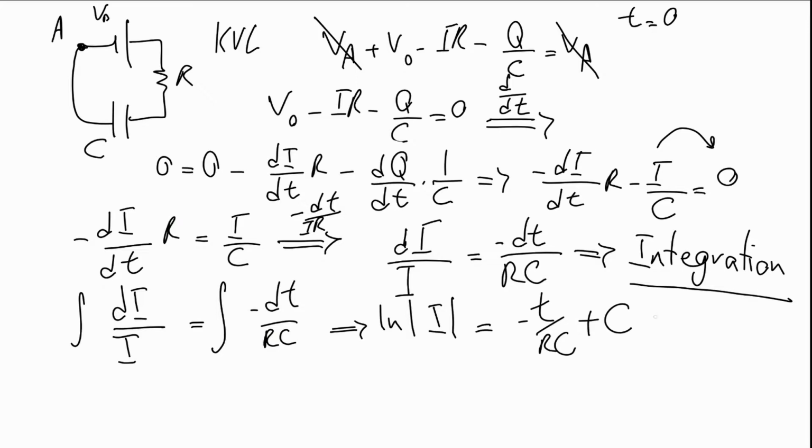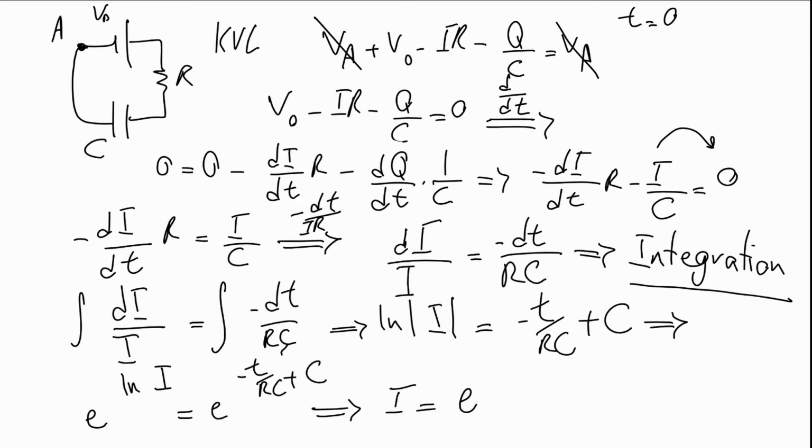We know that I is positive, so we can take it out of the absolute value. Now we simplify this: I equals e to the power of minus t over RC, and we extract this plus constant and change it to this form.